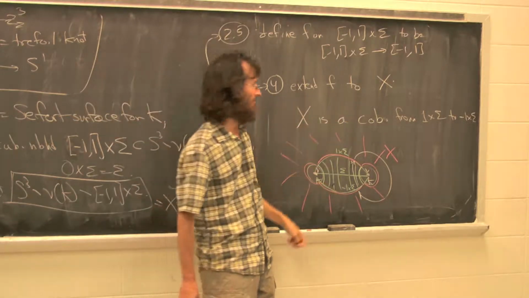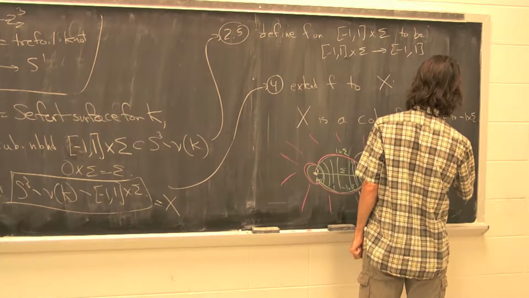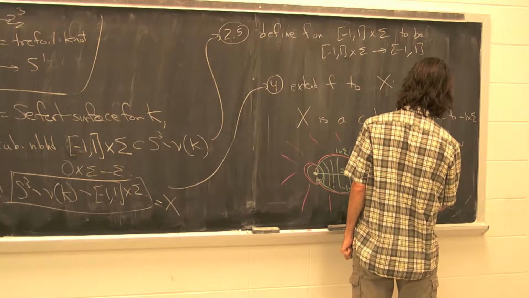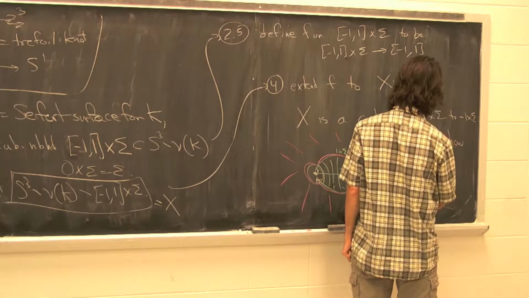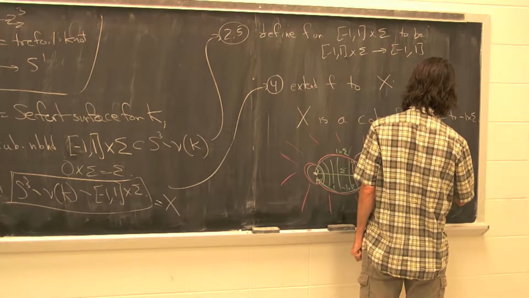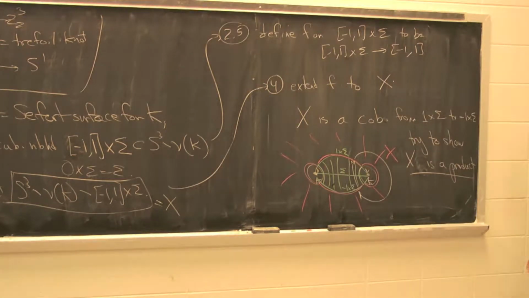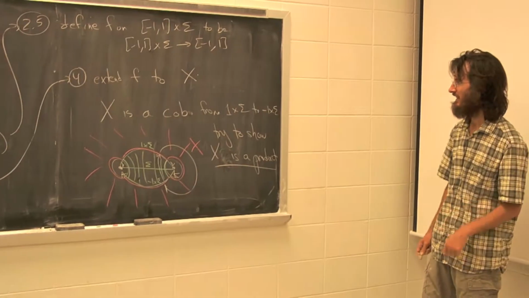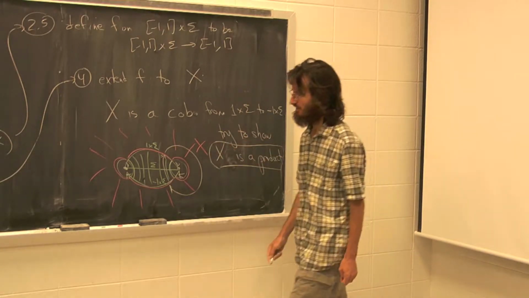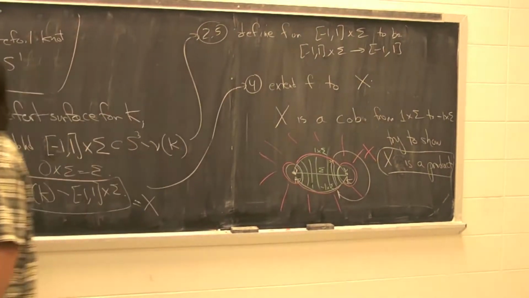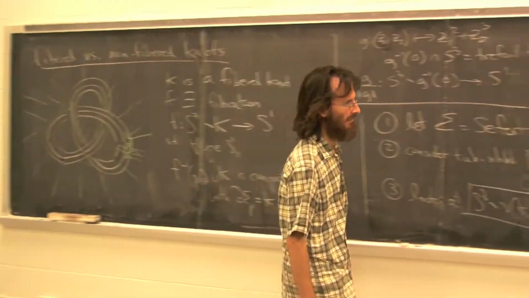So we try to show X is also diffeomorphic to these products, respecting this cobordism structure. Let's look carefully at what X is in this case. But first we want to understand sigma.